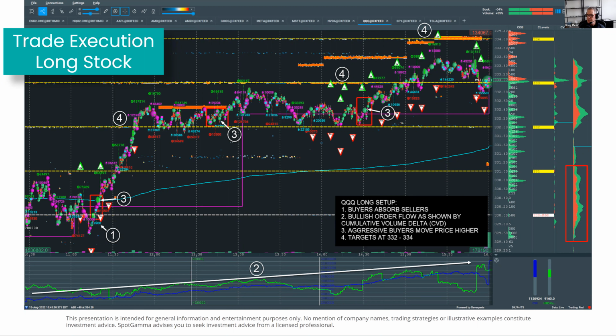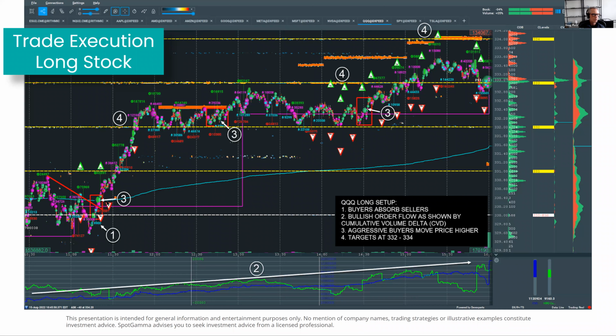And around 11:15 a.m. Eastern time, QQQ tested the 330 level for the last time, and I was expecting this level to act as support, and it did. And there are a couple of ways of looking at this for an entry.